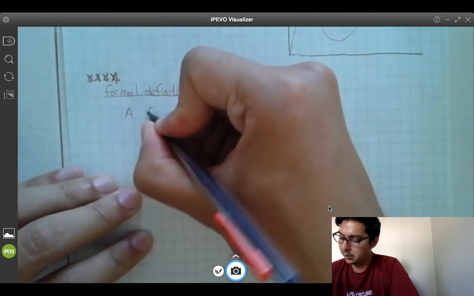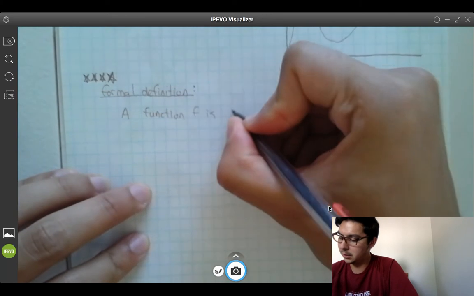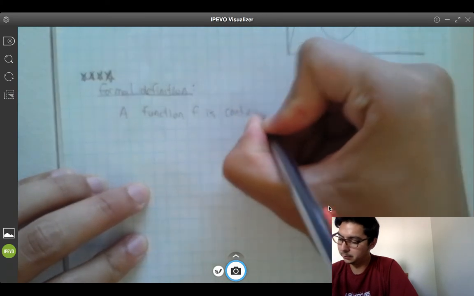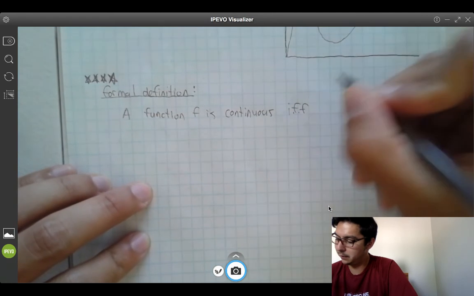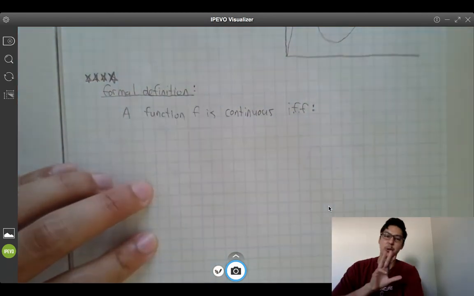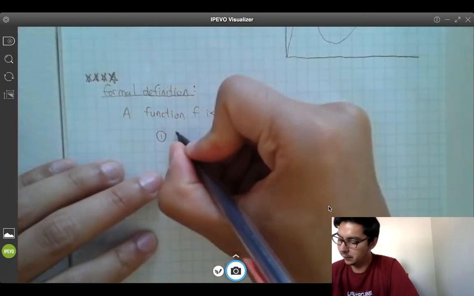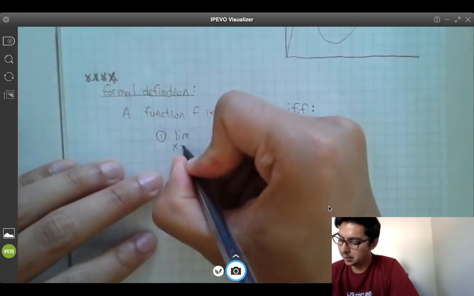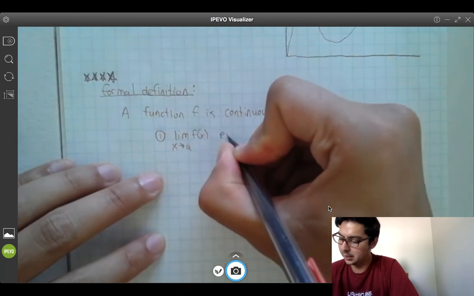A function f is continuous if and only if, and there's 3 conditions. Say these 3 conditions with me. Memorize these 3 conditions. They are big. If the limit as x approaches some value a exists.